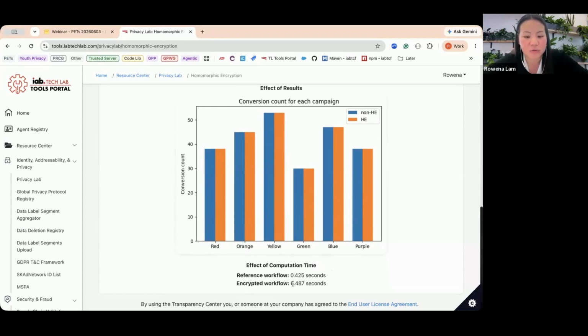On the encrypted workflow, it was 6.487 seconds. So that's like 14 times the compute overhead to perform that same operation on encrypted data. And so that is what your trade-off is when you're taking a look at homomorphic encryption.